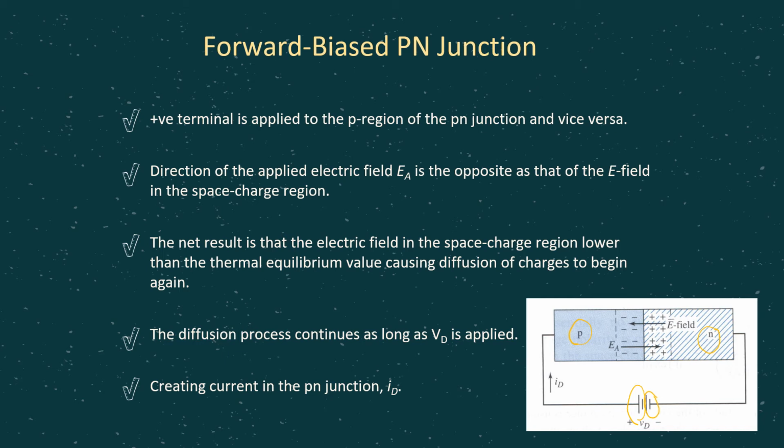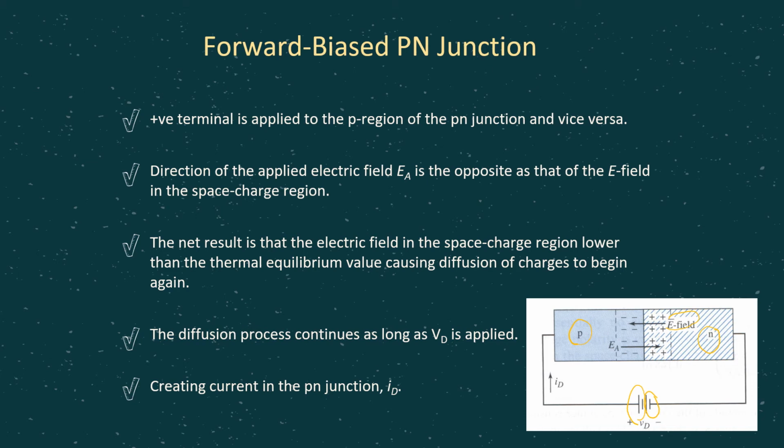The same thing happens where initially we already have one electric field due to thermal equilibrium, remember? Once we apply another voltage to our PN junction, we are introducing another electric field. But in this case, the electric field will be in the opposite direction to the existing thermal equilibrium electric field.